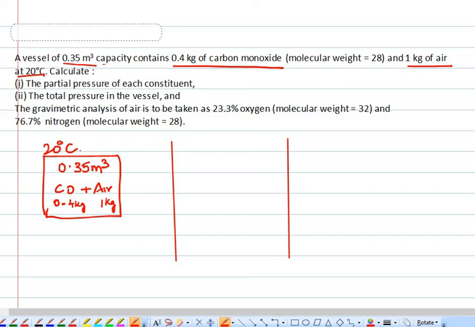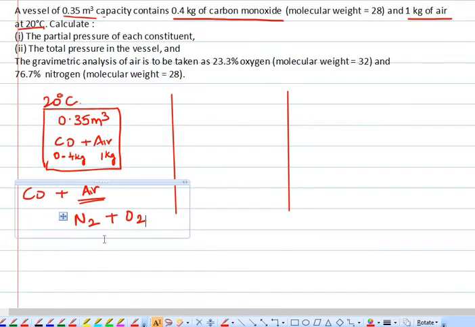In this problem I had to calculate what is the partial pressure of each constituent. So I am having carbon monoxide and air. So instead of air I can say nitrogen and oxygen. So air is a combination of nitrogen and oxygen.